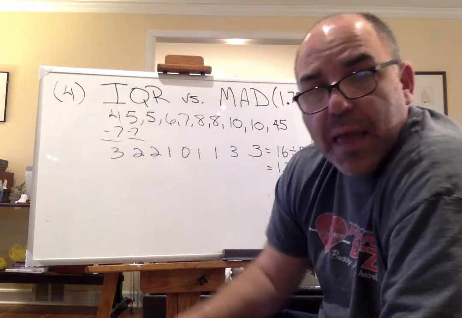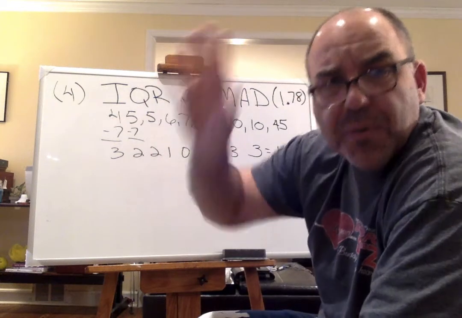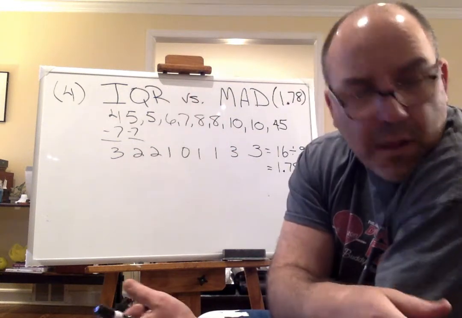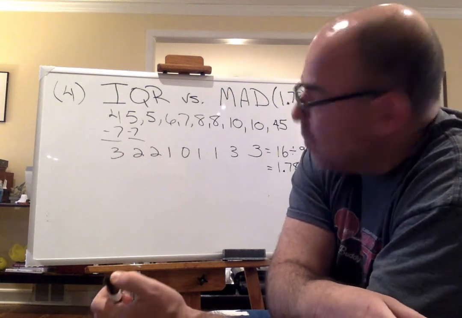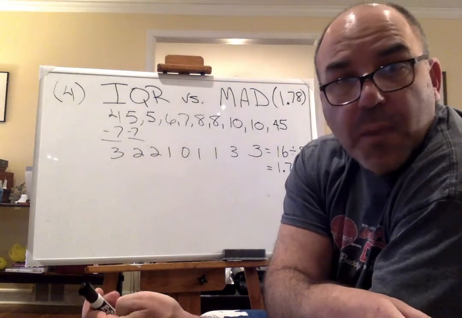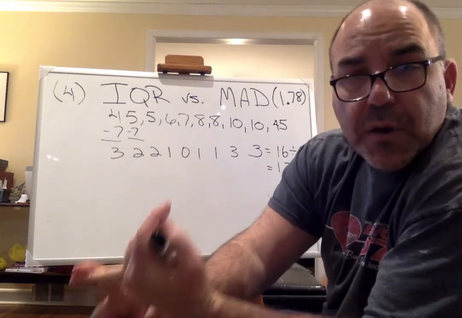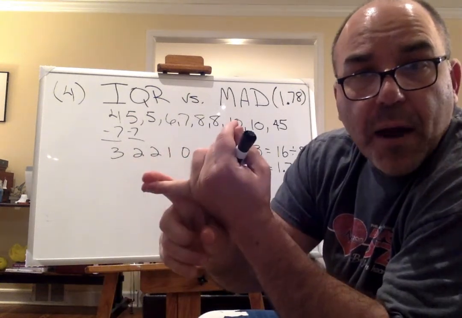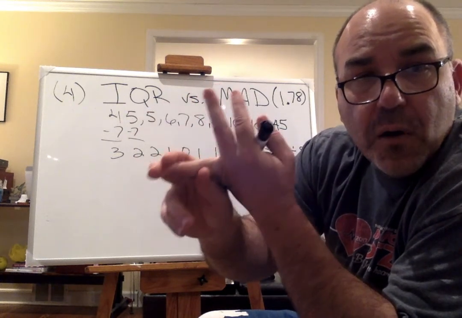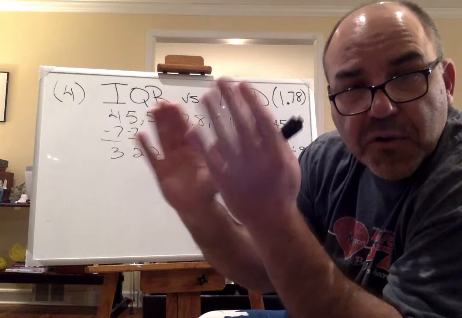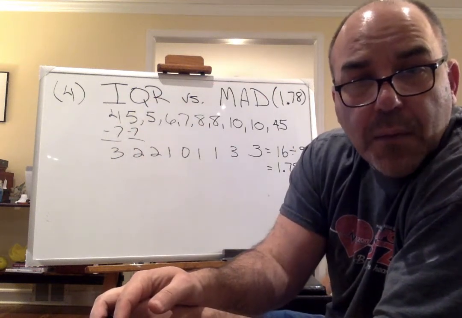So if you see what's called an outlier, a number that doesn't belong with the rest of the numbers, then you'd want to use the interquartile range, okay? So interquartile range is when you have an outlier. Mean absolute deviation is when all your numbers are relatively in the same general area, okay?